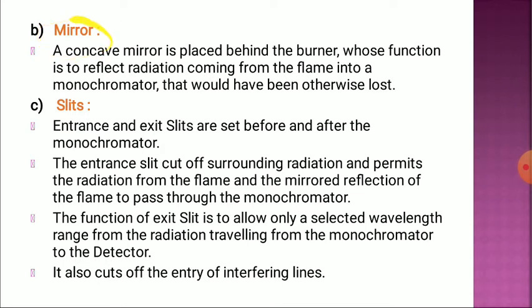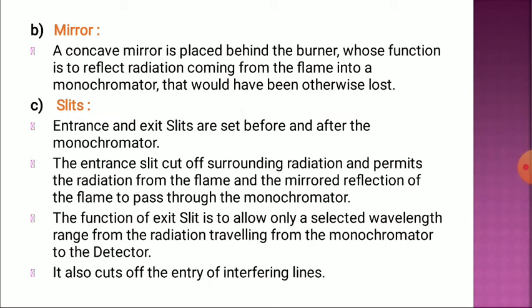Okay, that is the collimating mirror. A concave mirror is placed behind the burner whose function is to reflect radiation coming from the flame into a monochromator that would have been otherwise lost.